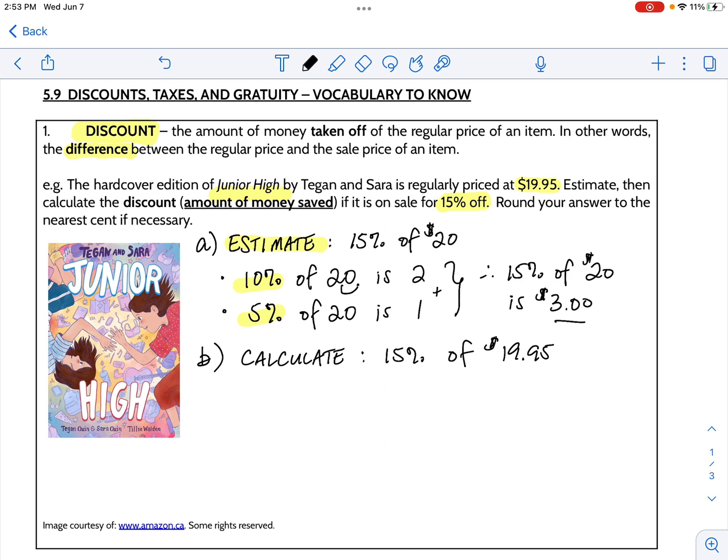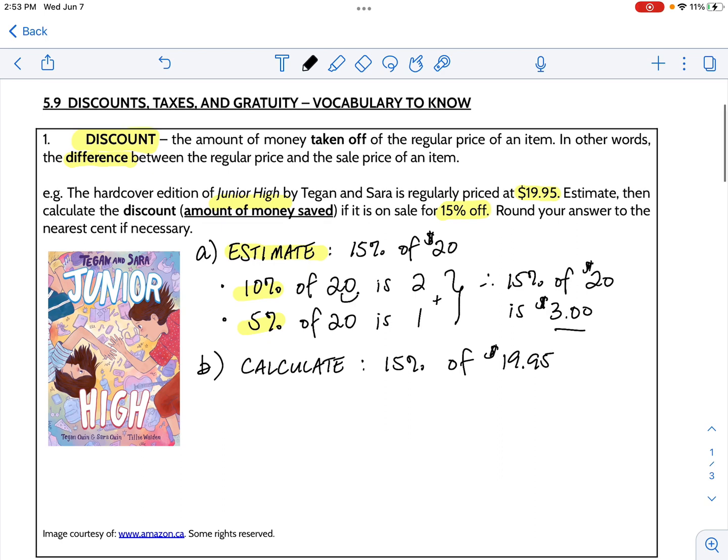So I'm going to continue. I'm going to multiply without the decimal because I'm going to use my estimate of $3, knowing my answer has to be around $3. So I'm going to do 1,995 times 15. 5 times 5 is 25, carry the 2; that's going to be 7, that's going to be 9 and 9.